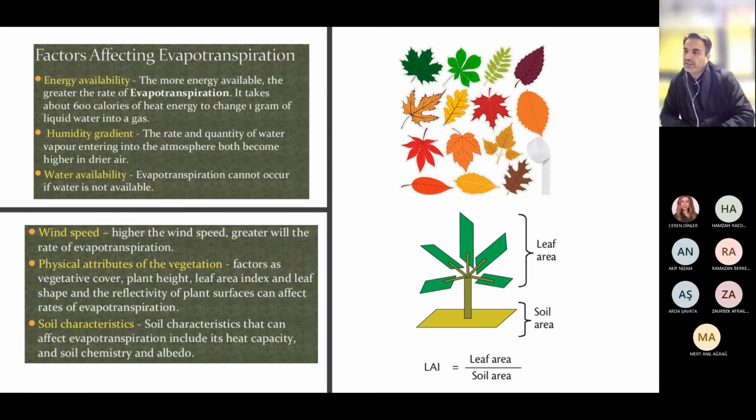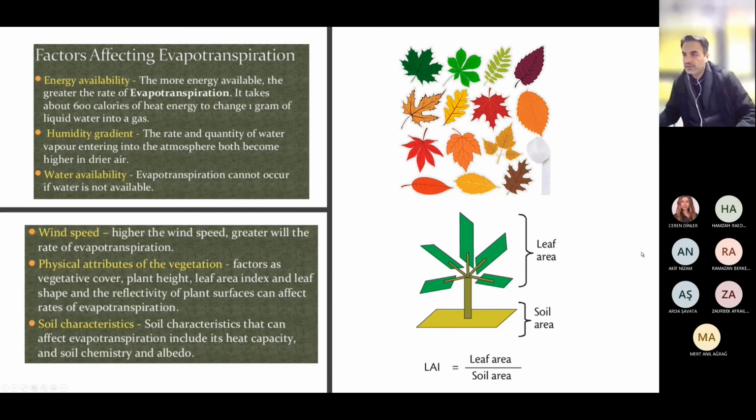I summarized again those factors affecting evapotranspiration. We already talked about energy availability, humidity gradient, water availability, wind speed. Physical attributes of vegetation and soil characteristics are among the most important factors that affect the amount of evapotranspiration in a region.